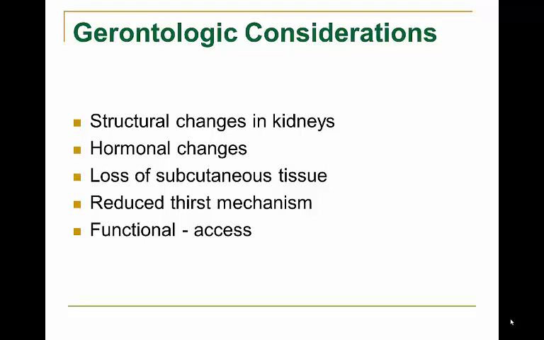We also have loss of subcutaneous tissue, so they have increased loss of moisture. And then they have a reduced thirst mechanism that results in decreased fluid intake. So when you think about all of that, and we already said that they have less fluid, and you think about that chart, the child was very full, 80% fluid, and the adult was average 60, but as we age, that decreases. None of this helps.